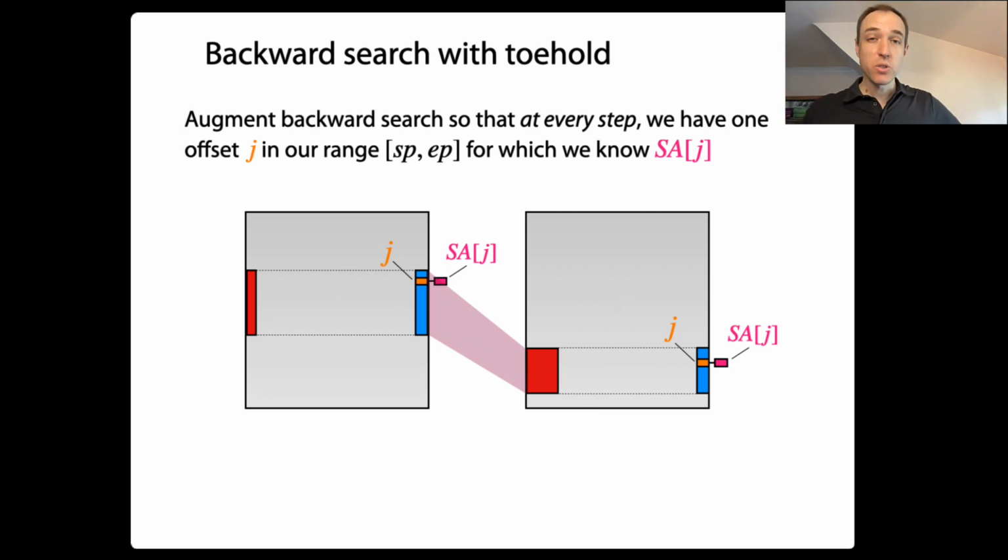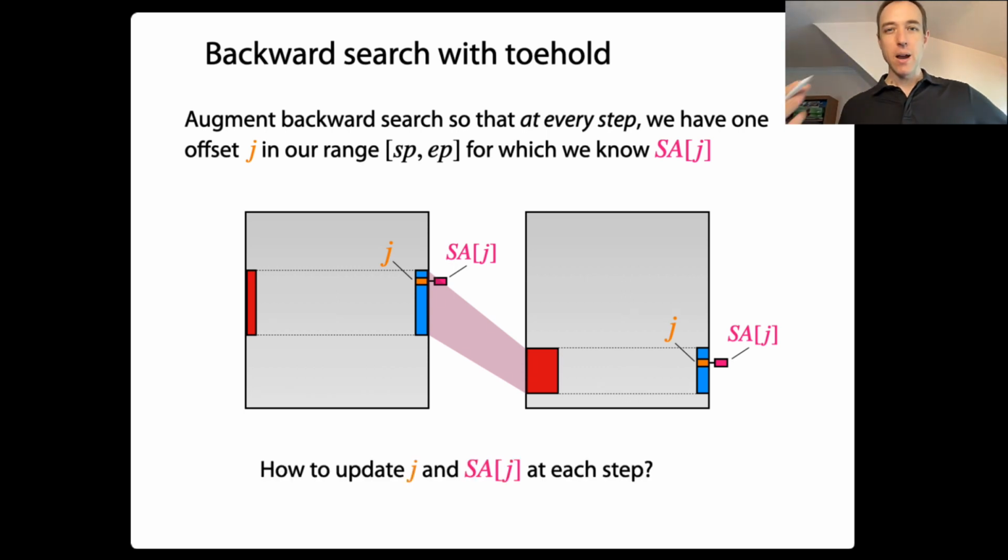It actually doesn't matter which one. We just need to know the suffix array entry for one of them so that later we can get the rest. Okay, but that requires some strategy. If we know the value at one iteration, we need a strategy so that we still know a value at the next iteration. So we need to be able to update which is the element for which we know the suffix array entry and what is the suffix array entry that we know. We need to update that at each step.